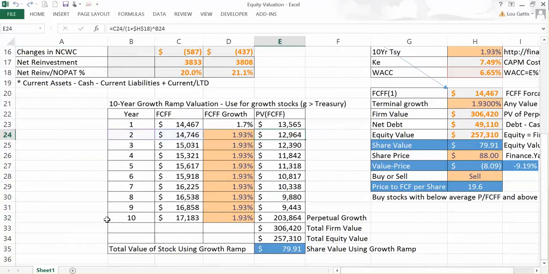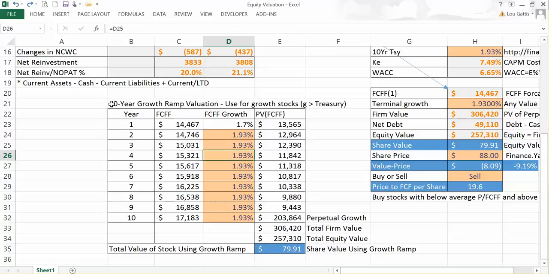So you can see my free cash flows are growing at 1.93% every year. 10 years from now, those cash flows will be 17 billion. I take the present value of those cash flows and then use the growth perpetuity formula to get the total value of the firm, subtract out debt, and divide by shares. That gives me the same value because this 1.93 is the same as this 1.93 here.